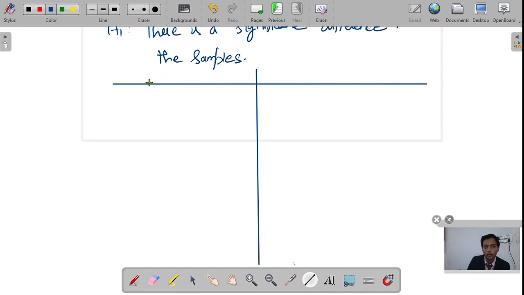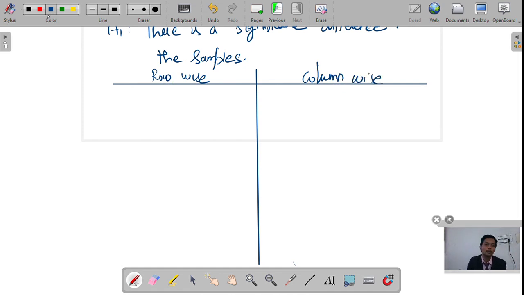Here we discuss the problems in the row wise, and here the problem in the column wise.